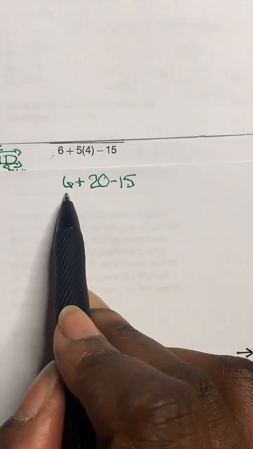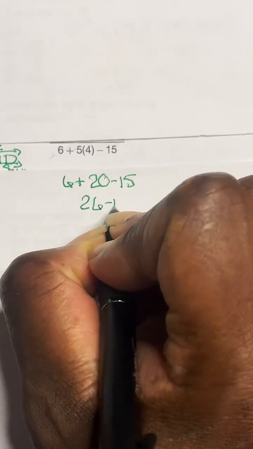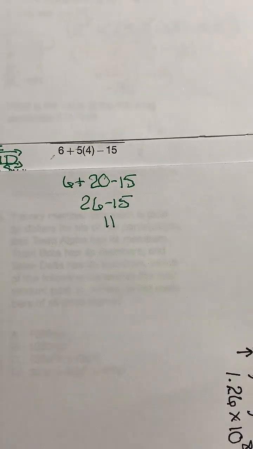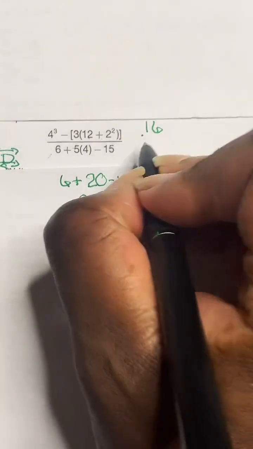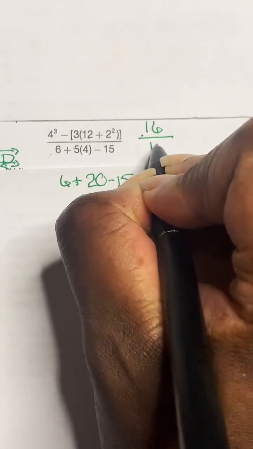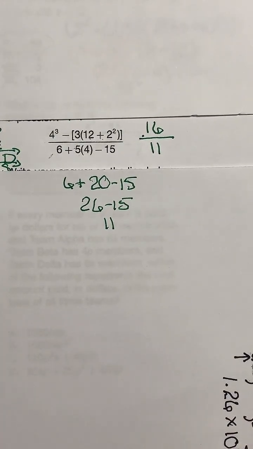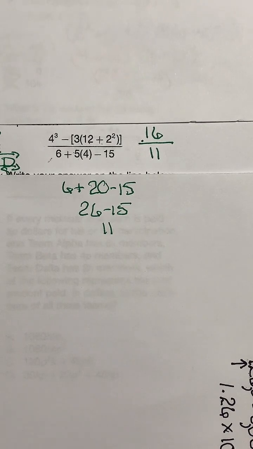Going from left to right, 6 plus 20 gives me 26. 26 minus 15 gives me 11. So for my numerator, we had 16. For the denominator, we have 11. You could leave it as 16 elevenths. That's perfectly fine. But if you want to, you can make it into a mixed number.